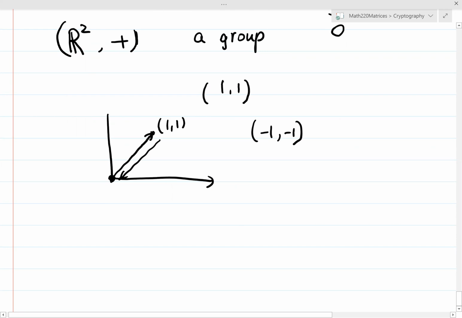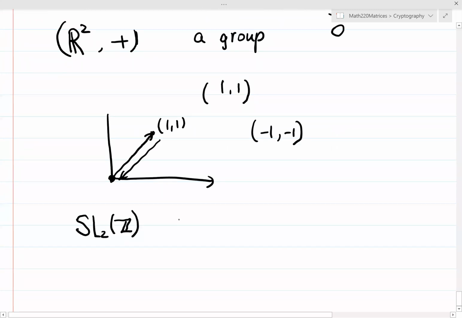Any other example of a group? We also have, for instance, matrices. Let's see SL2(Z).